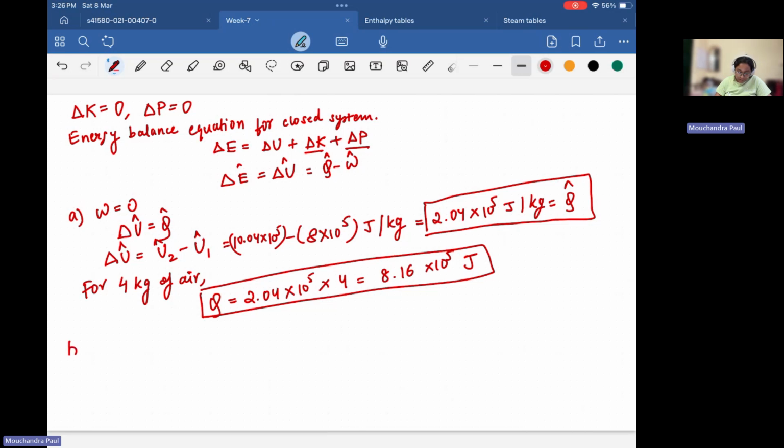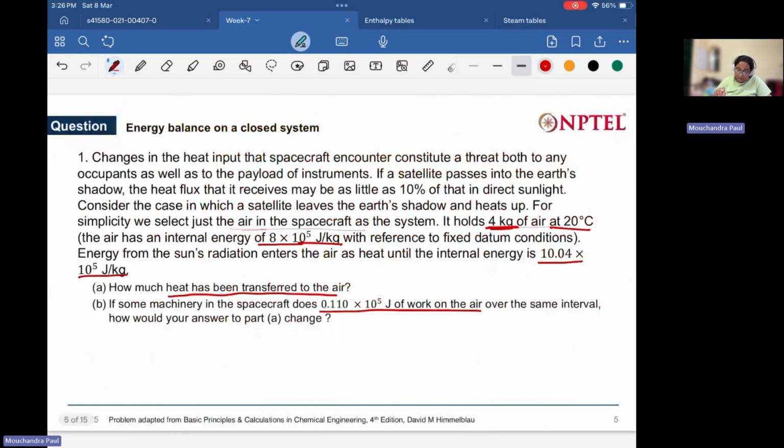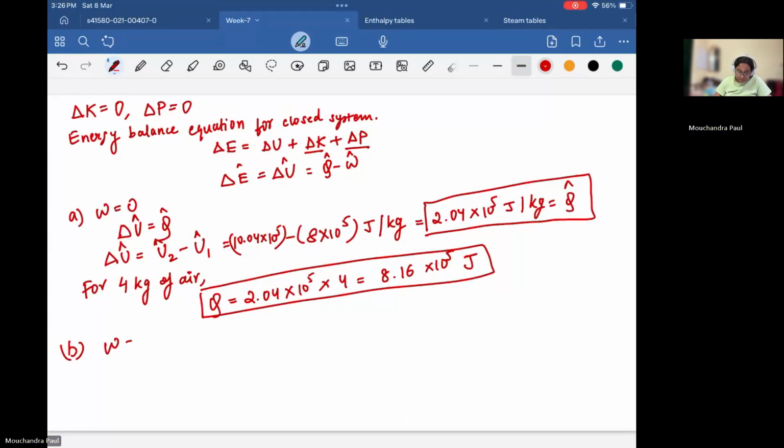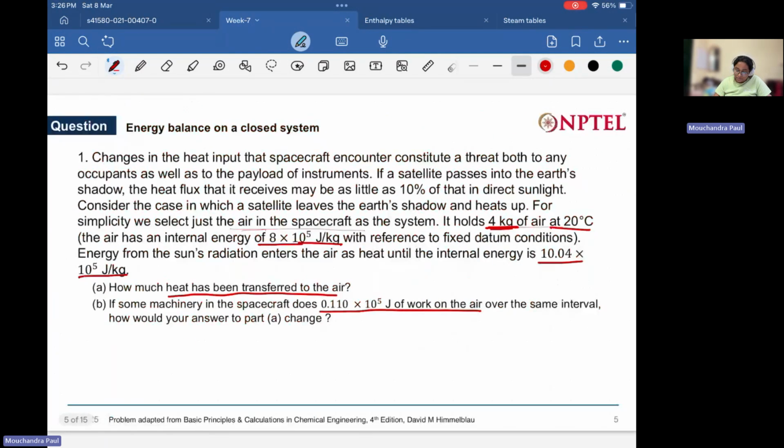Now let's look at part B. In part B, it is saying that the spacecraft does work on the air. So work will carry a negative sign.